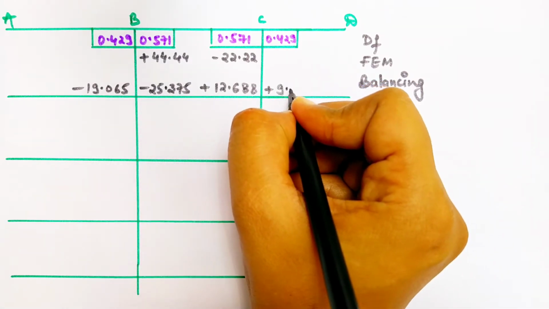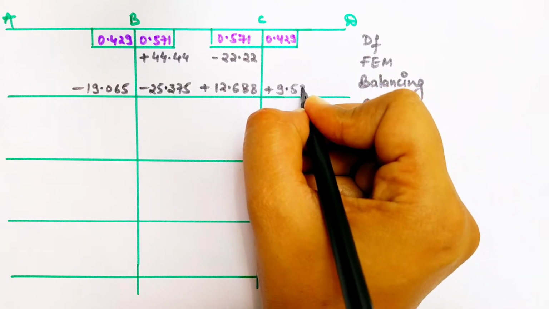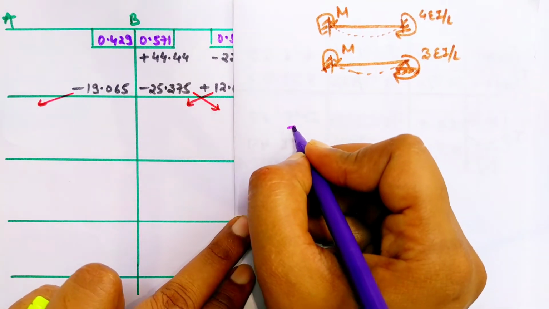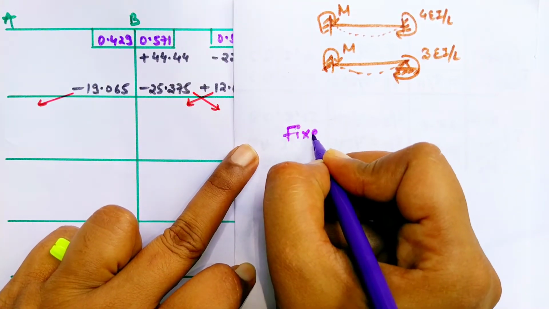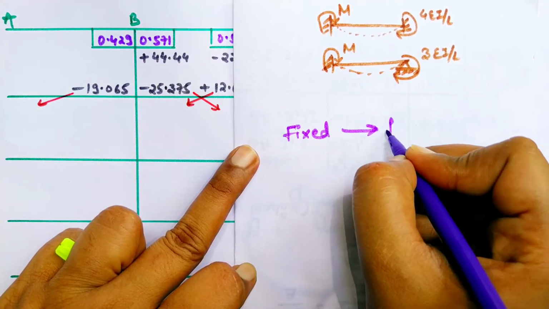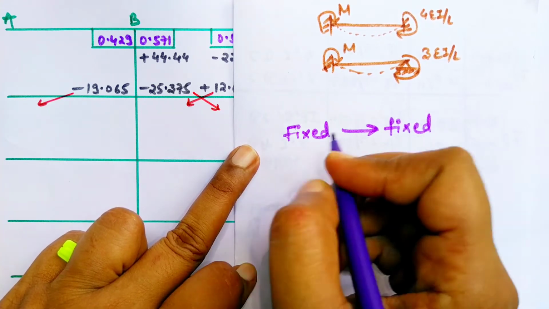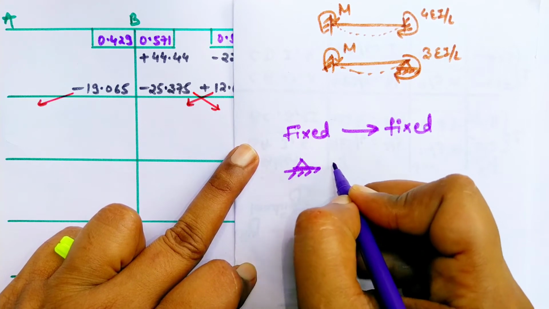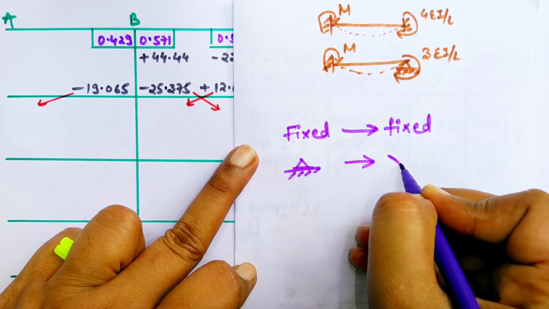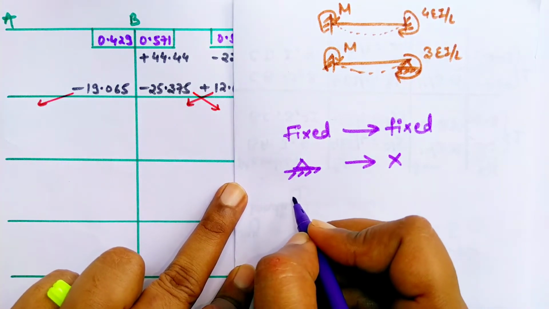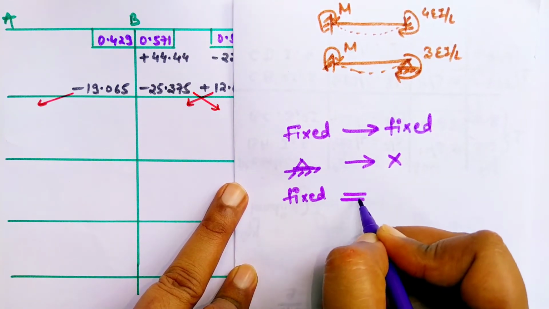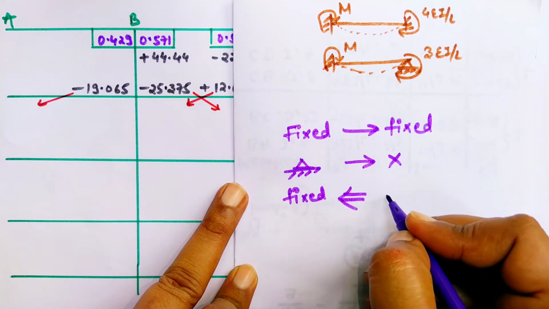Next we have to carry over this unbalanced moment. What is the formula for distributing the unbalanced moment? A fixed joint will take the unbalanced moment, but with a pin joint or hinge joint, no transfer will be made.